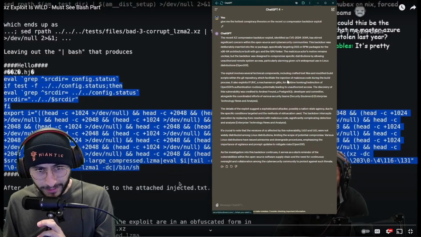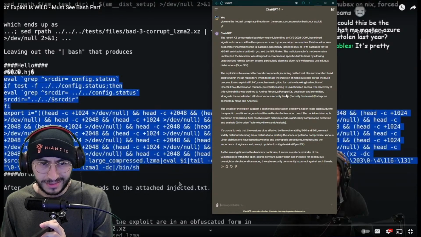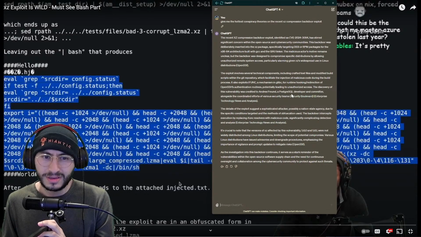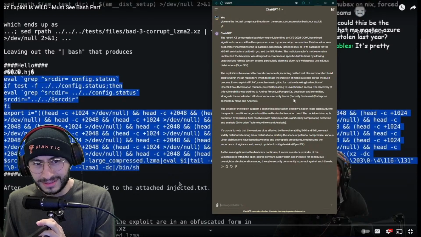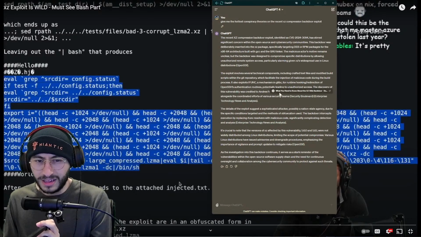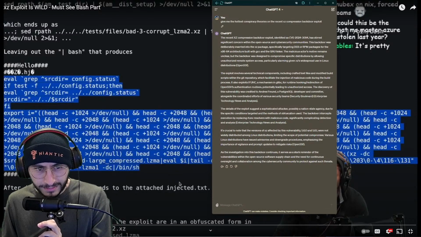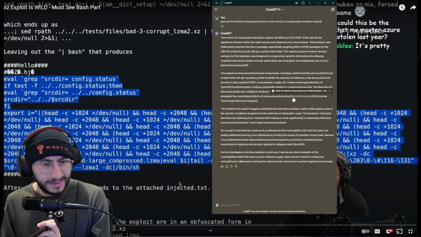The discovery of the vulnerability was credited to Andres Freund, a PostgreSQL developer and committer, alongside the coordinated efforts of various security teams.